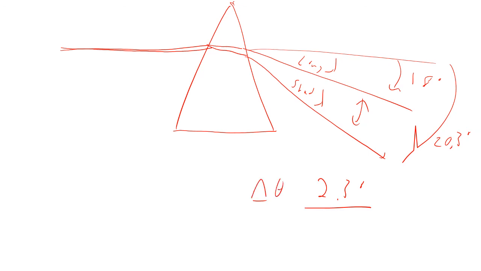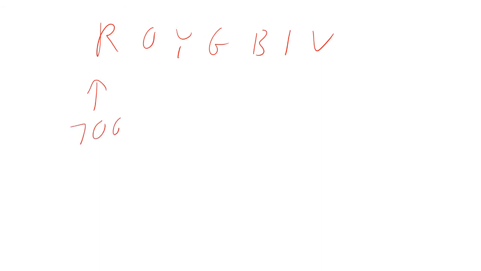That's my difference here. Okay. Now, if you remember, for the electromagnetic spectrum, red, orange, yellow, green, blue, indigo, violet, this is the long wavelength. The longest wavelength you see is about 700 nanometers. The shortest wavelength you see is about 400 nanometers.